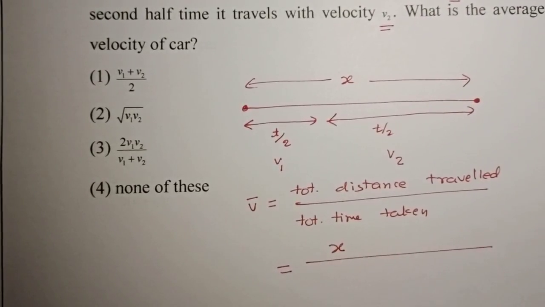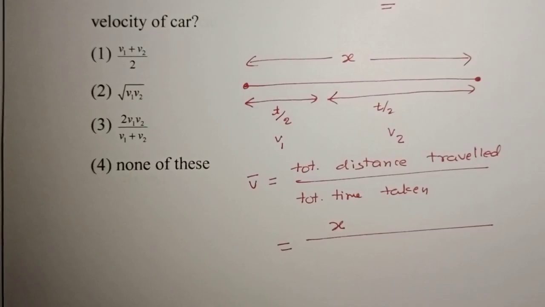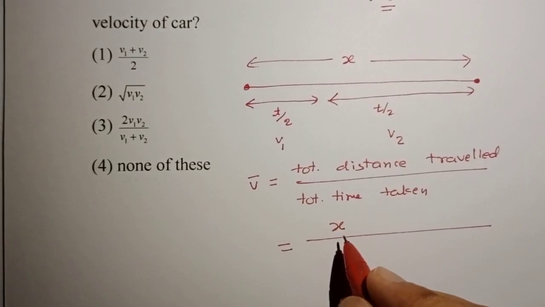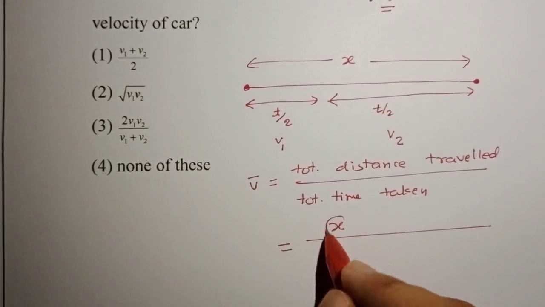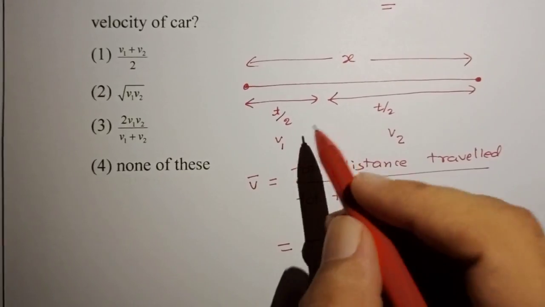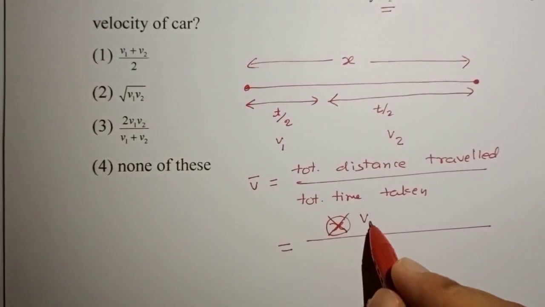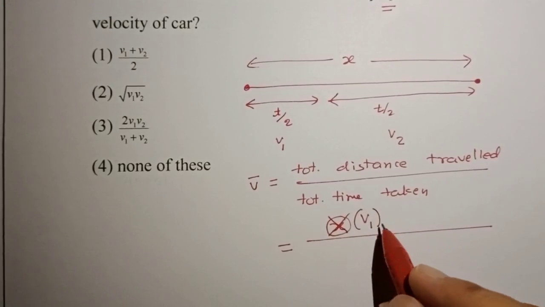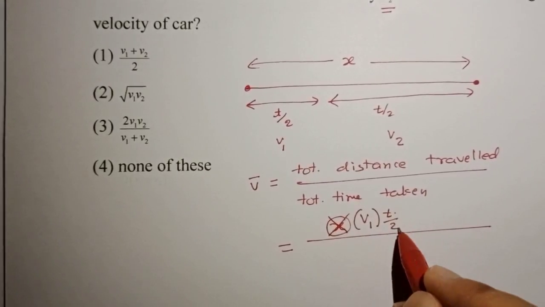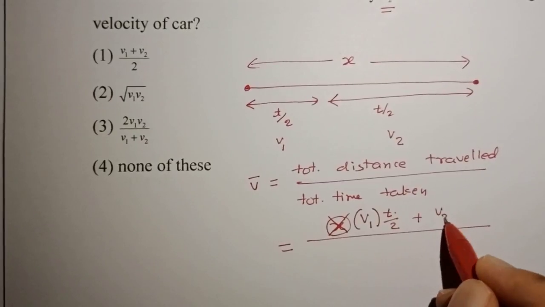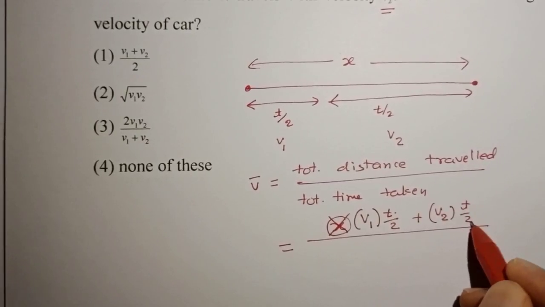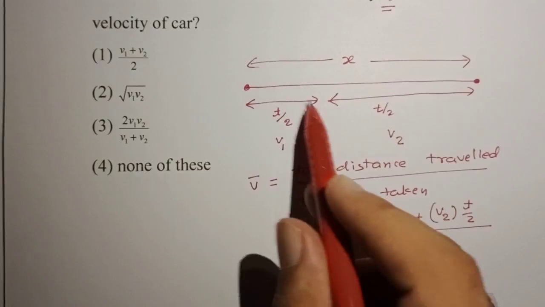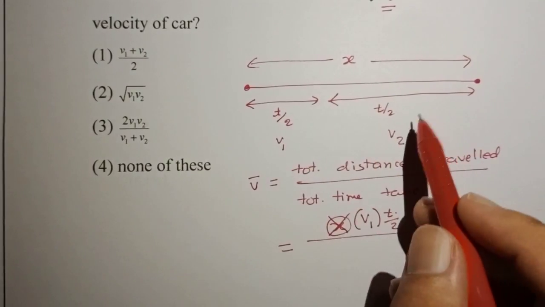I can write this x as velocity into time. The car travels with the velocity v1 for first half of the time, plus it travels with the velocity v2 for the next half of the time. So velocity into time is distance.